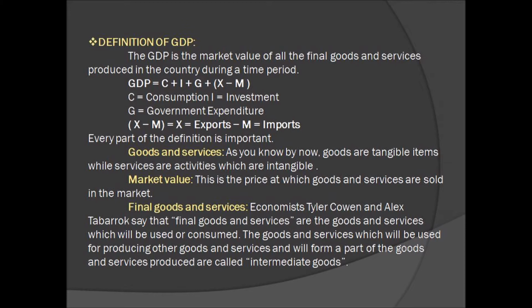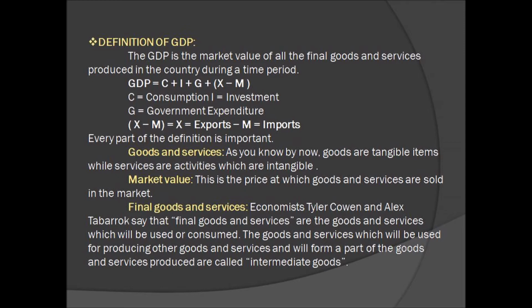For example, the tea is the final product which is directly consumed by the user or the customer, and the materials used for preparing tea, powder, sugar, milk, are all said to be intermediate goods, because these intermediate goods are used to prepare other final goods or intermediate goods.